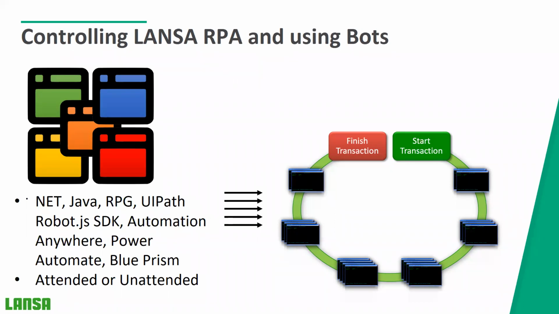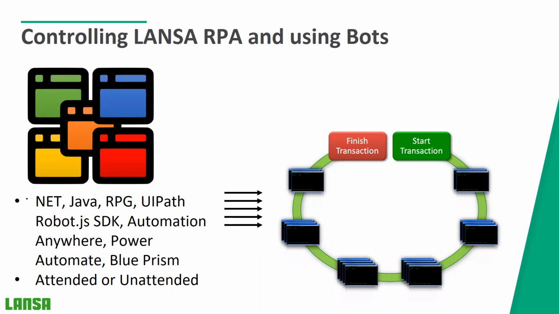If you've got high volume processing, then you might want to move to that unattended state, which reduces the human involvement and can handle more processing time. The big advantage of the robot is that it's going to be working 24/7.